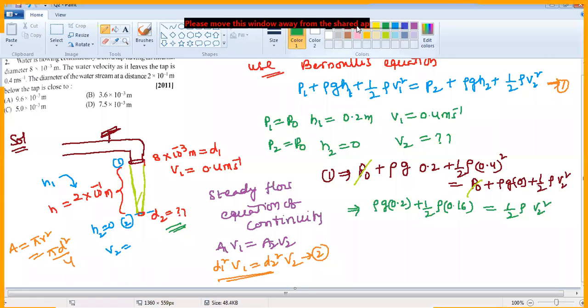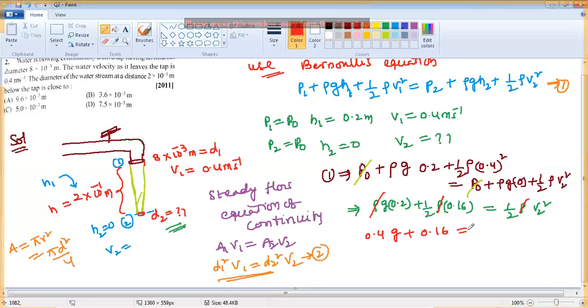Rho also cancels on either side. So multiply with 2, and this becomes 0.4 G plus 0.16 equals V2 square. Actually the G value was not given.